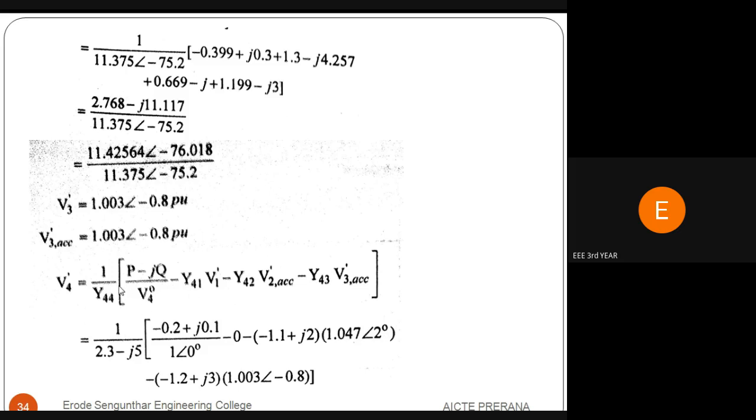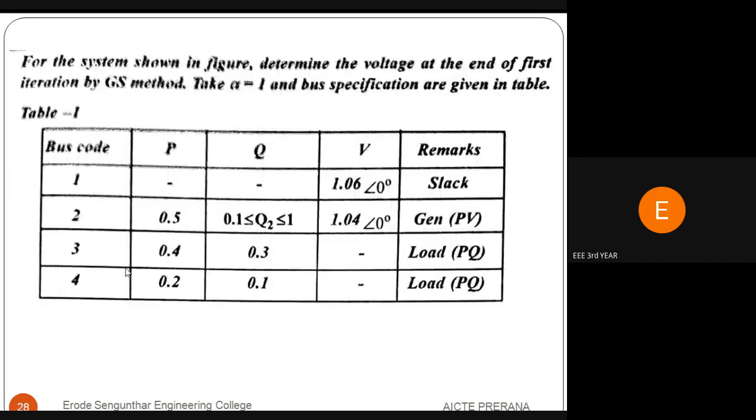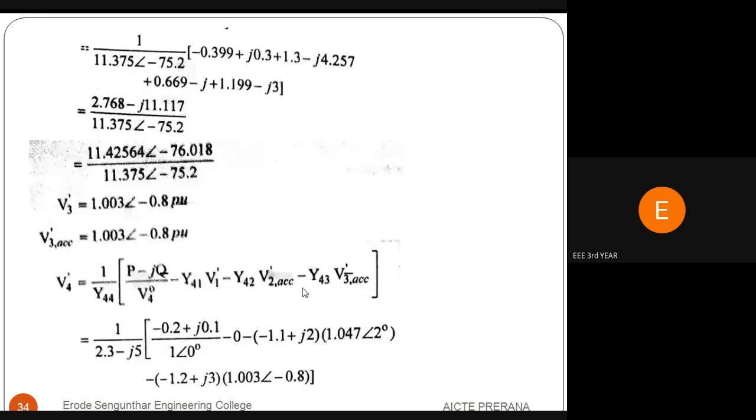Y44 is taken from the Y bus matrix, that value is 2.3 minus j5. And P4 and Q4 are given in the problem itself. You can see here, the values for the fourth bus are 0.2 for P and 0.1 for Q.